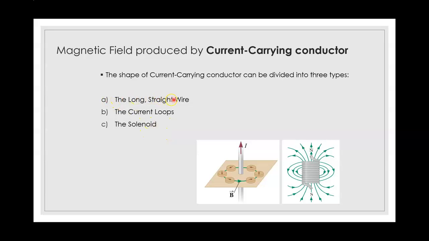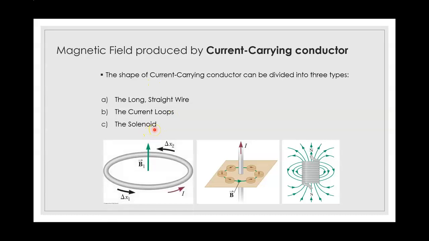The long straight wire, tadi yang kita bincang sebelum ini. And second, we go to current loop, and nanti kita akan tengok kepada solenoid. Okay, ini adalah contoh. Contoh yang ini adalah long straight wire. Ini adalah current loops, and this is the solenoid.